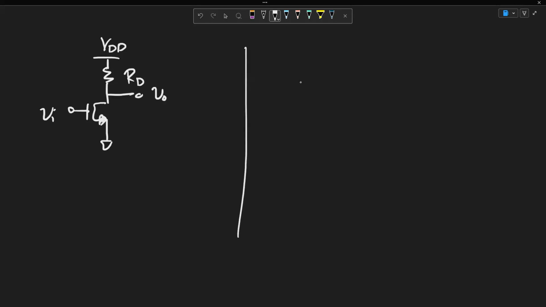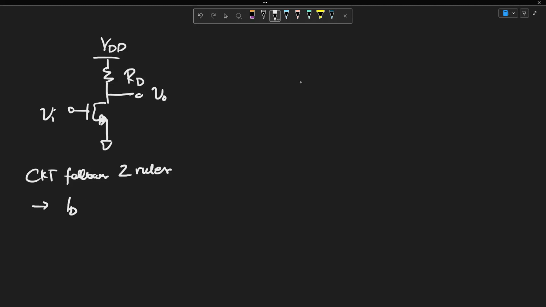Well, kasi, what we can interpret the load line as is because the MOSFET follows, well, okay, this amplifier, rather this common source amplifier, because the ground is connected to source, the common source amplifier follows two rules, no? So the circuit follows two rules.